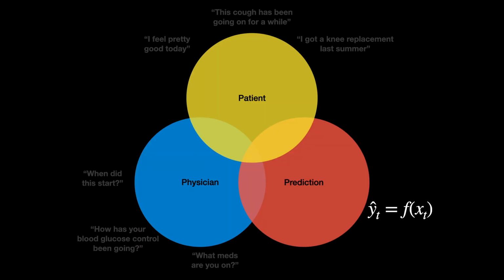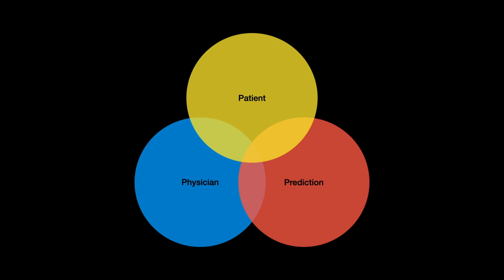And so we need to make sure that our models, if they're going to interface with the patient and the physician, should also have some notion of the dynamics of time so that they can speak the same language. And this is also so that the patient, physician, and prediction can all work together well so that we have the best possible outcomes for patients.